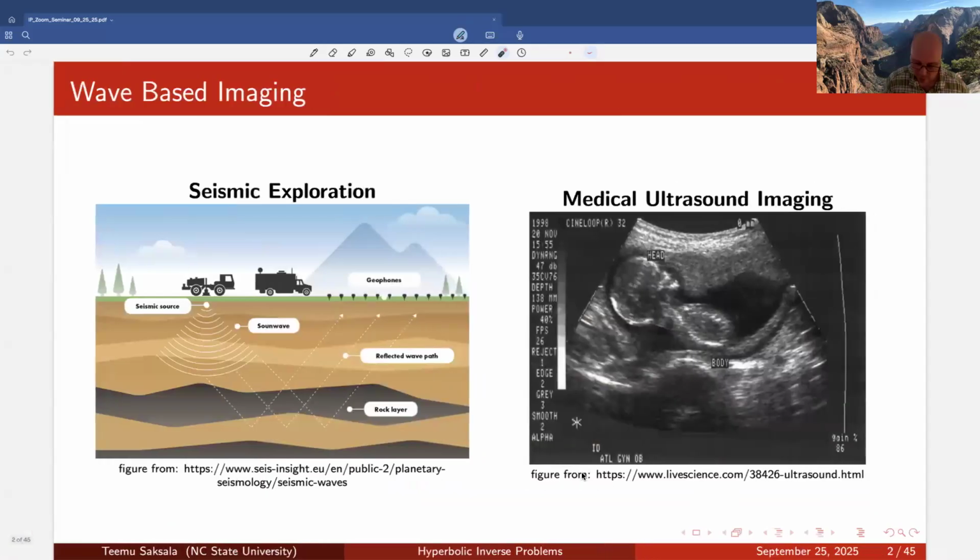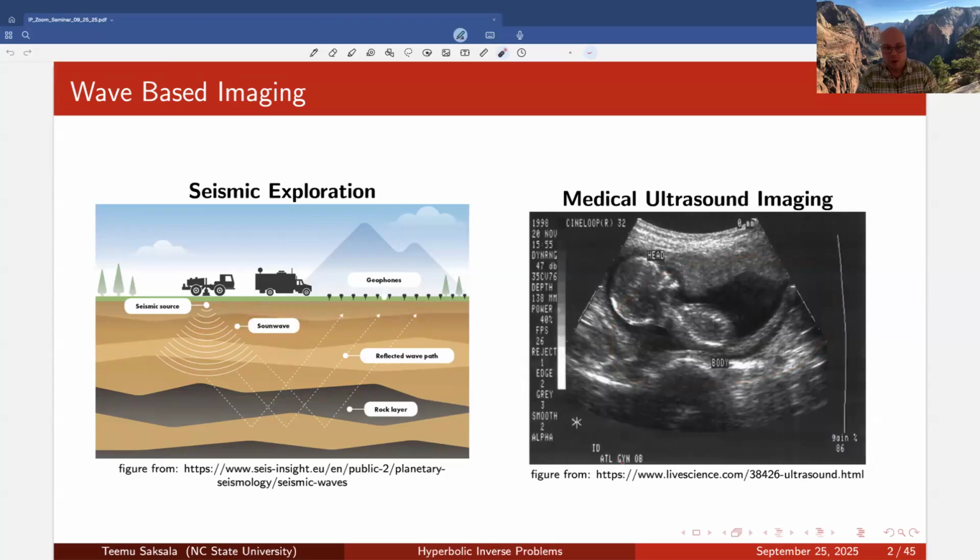So what I'm going to talk about today is seismic imaging, or wave-based imaging related inverse problems. The idea of these problems is that we have some domain that we don't know, say the structure of the Earth or what's happening inside a human body.